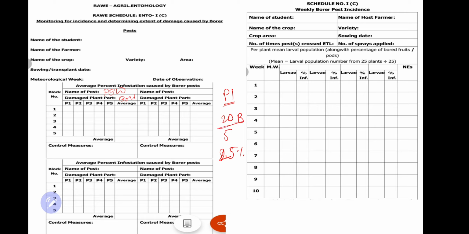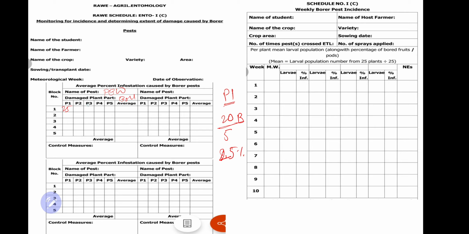Correct me if I am wrong. So on plant number 1 you are getting 25%. Plant number 2, count the total number of bolls and the infected bolls, then you will get the percent infestation.